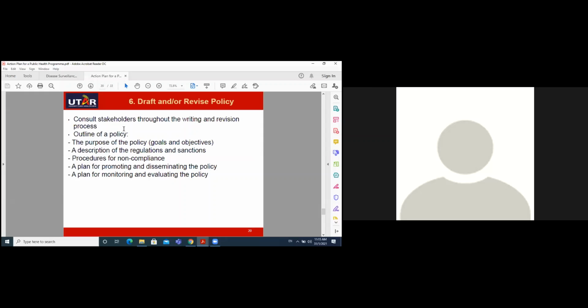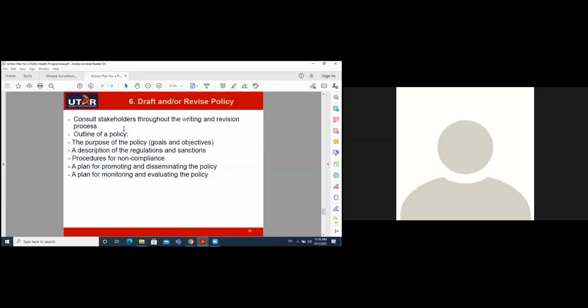As time goes on, we draft a new policy, or we revise the current policy that is already implemented. From the consultation, we look into consultation services from the stakeholders, from industry, or from other academic institutions, and what their contributions are when you want to revise your policy.